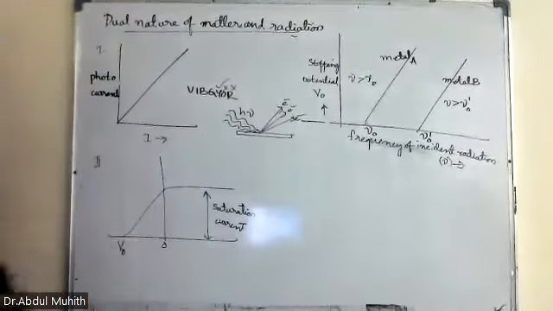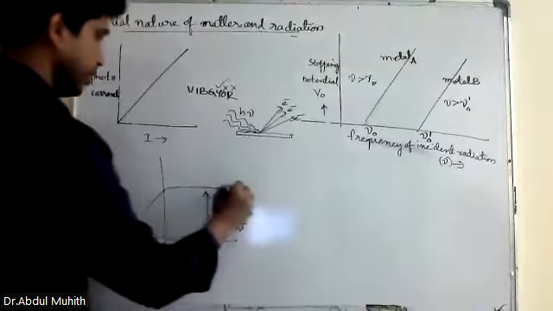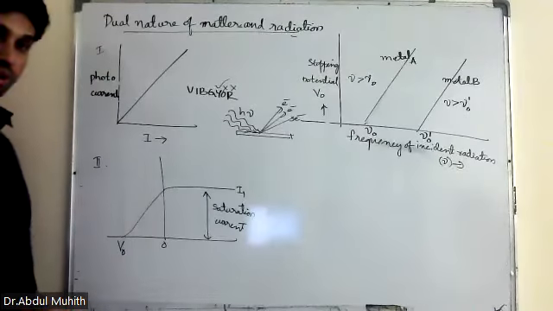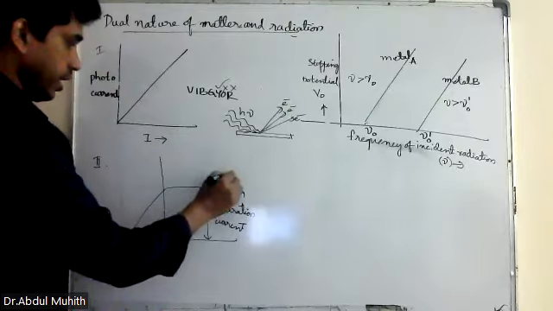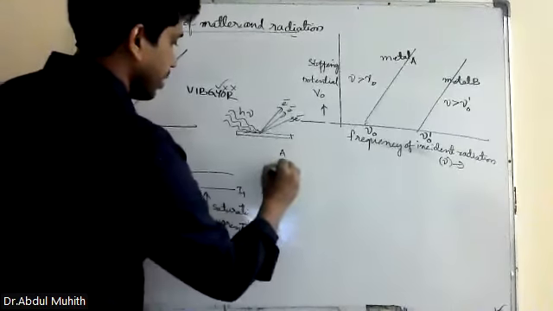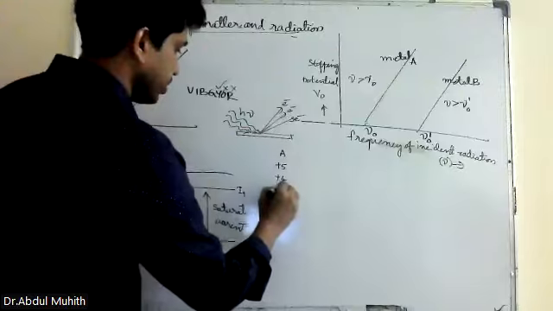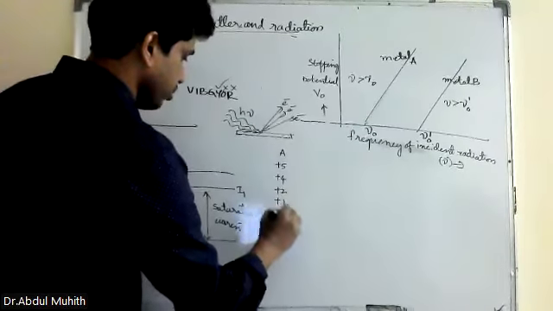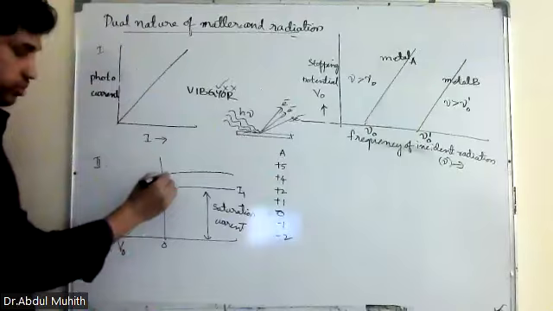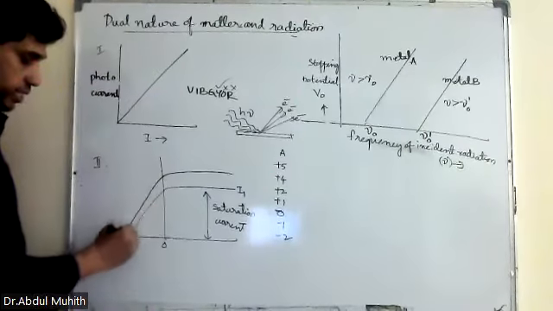Now suppose for the second one, this is the intensity I1. I have taken the yellow color light example, and this is V0, the stopping potential. Now I increase the intensity. The anode potential I am making +5, +4, +2, +1, 0, then -1, -2. When it is 0, it is still receiving some electrons, but as you decrease it, the current becomes 0.